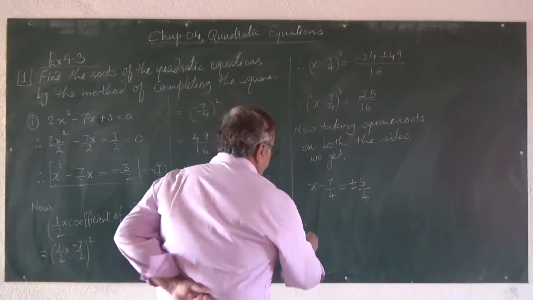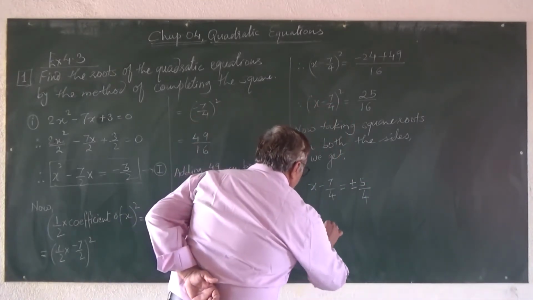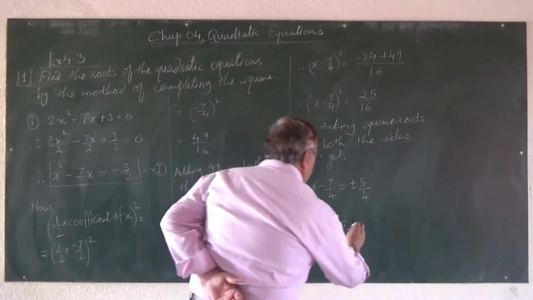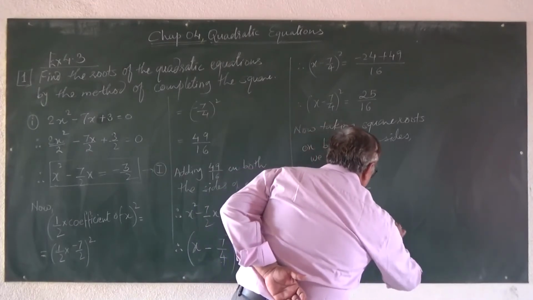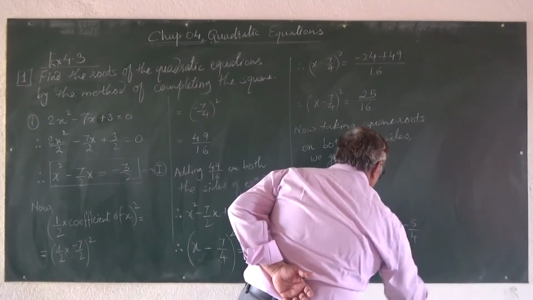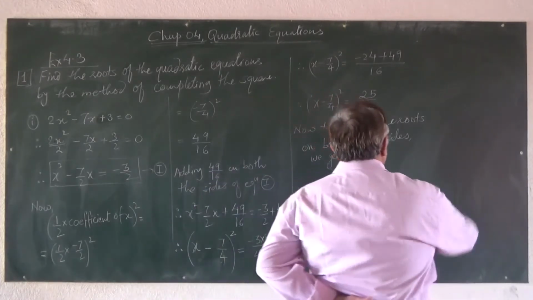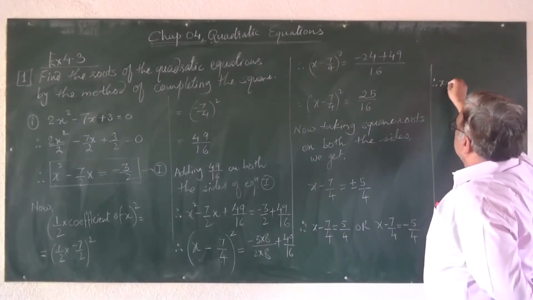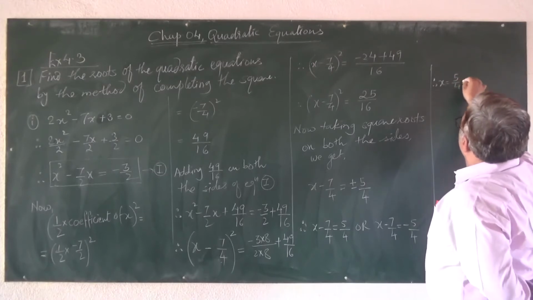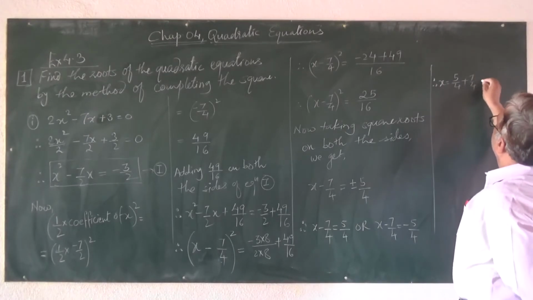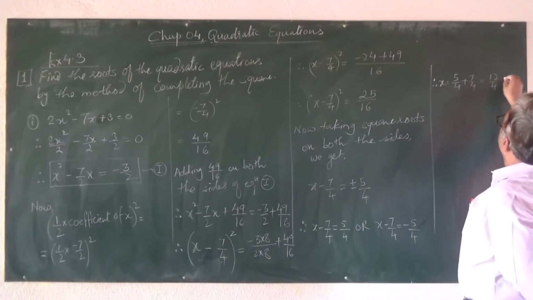Therefore x minus 7 upon 4 is equal to plus 5 by 4, or x minus 7 upon 4 is equal to minus 5 by 4. How to simplify this? Therefore x is equal to 5 upon 4, take minus 7 by 4 on the right hand side, plus 7 by 4, so this is 12 upon 4 and this is 3.